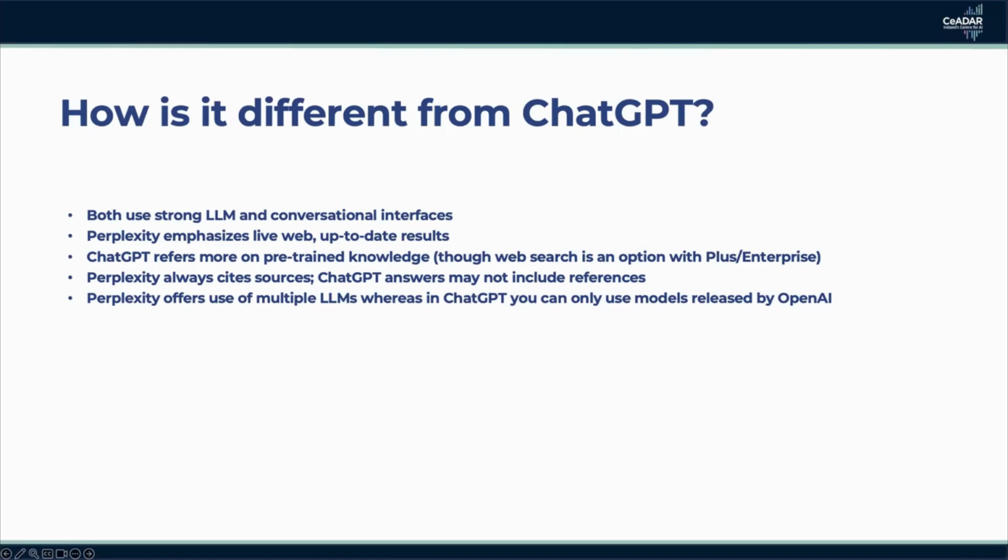The first difference is Perplexity emphasizes live web search and up-to-date results for every query. It's constantly pulling information from the internet, and ChatGPT, on the other hand, if we ask any question, relies more heavily on its pre-trained knowledge base.